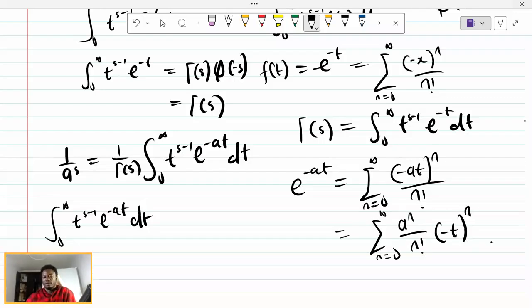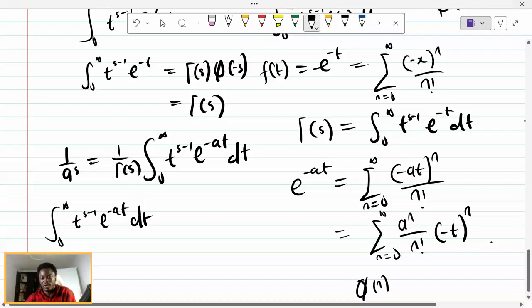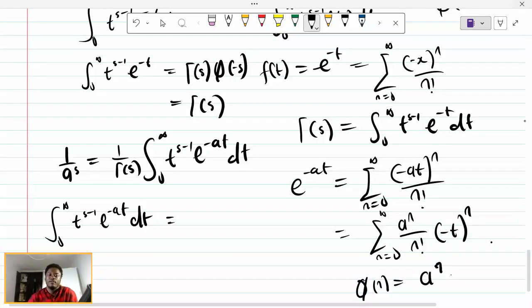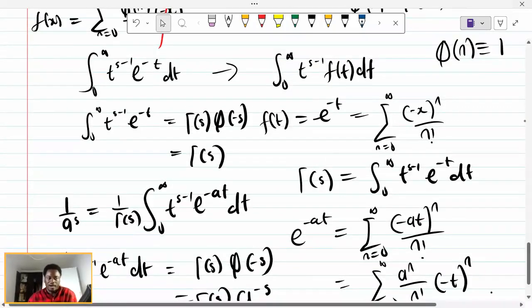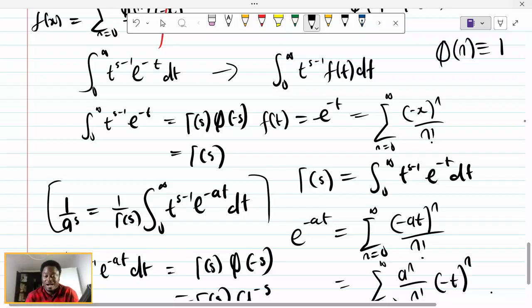Now, of course, phi of n is going to be a to the n power. So basically, this is going to be gamma of s times phi of negative s, which is gamma of s times a to the negative s power, which is gamma of s over a to the s. And if you compare, that is exactly what we have here, if you divide both sides by gamma of s.